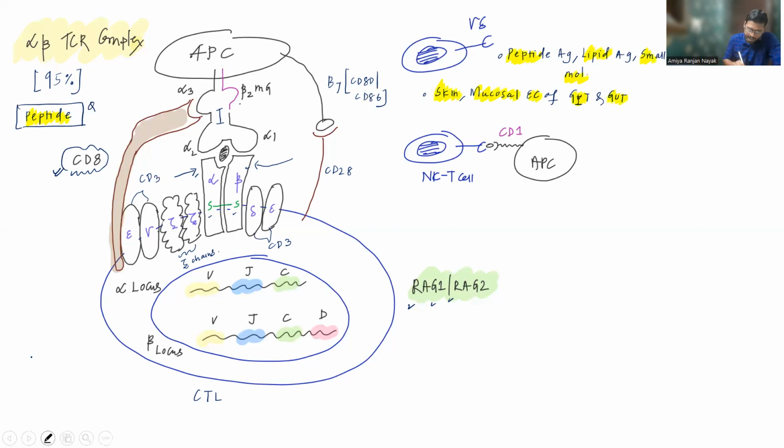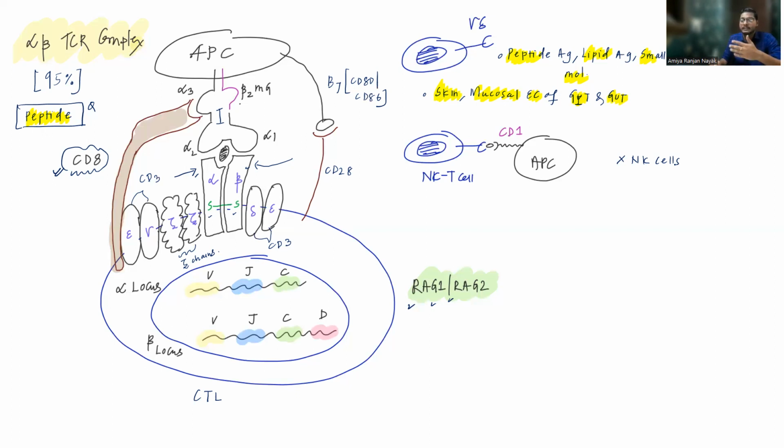As I have told you, the first point is that these are not the same as NK cells. NK T cells can identify antigens which are presented with the CD1 molecule. Alpha beta T cell receptor identifies antigens presented with the help of MHC molecules, while NK T cells identify antigens presented with the help of the CD1 molecule. CD1 is another MHC-like molecule.